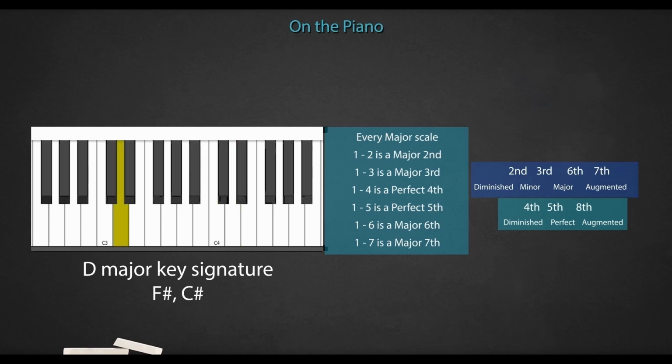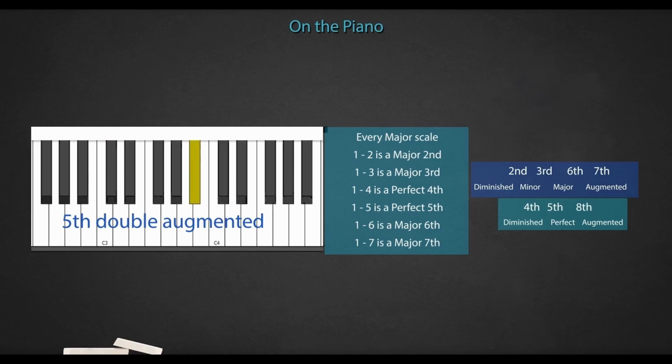So, D, A is a perfect fifth. D flat, A is an augmented fifth. Oops, now what? D flat, A sharp is even bigger, so this is a double augmented fifth interval.